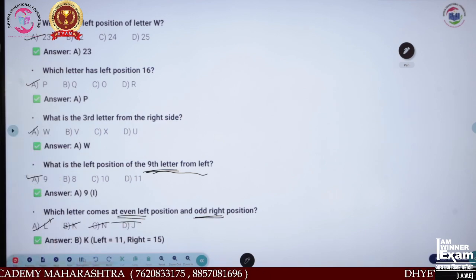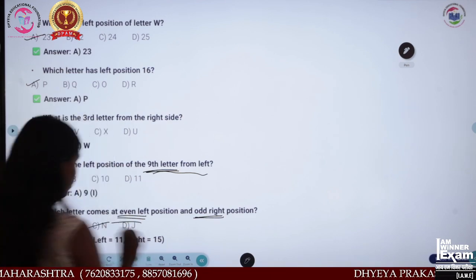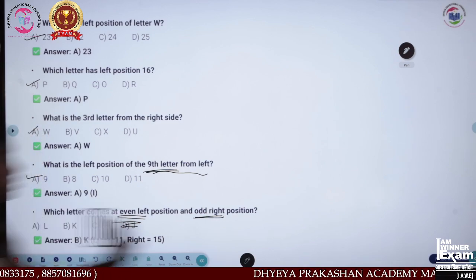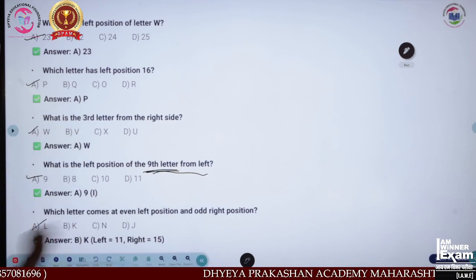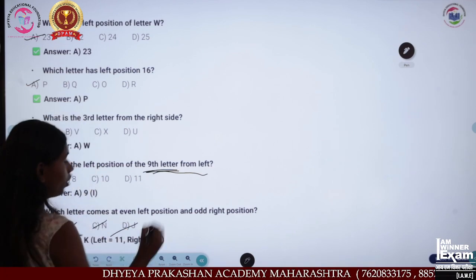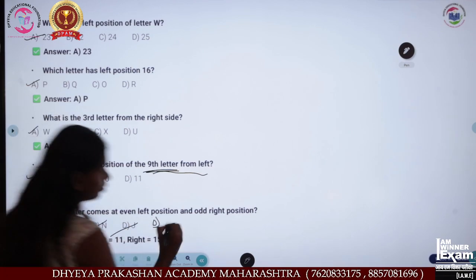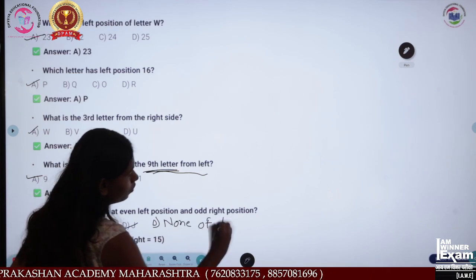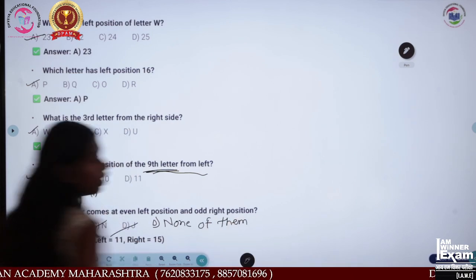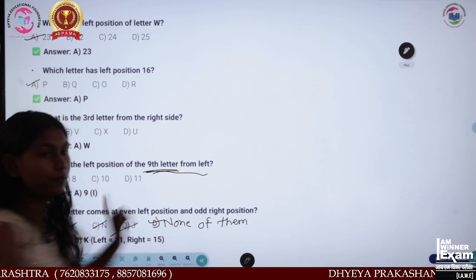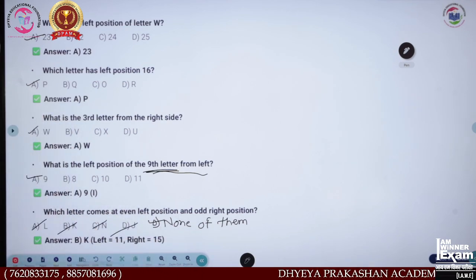If in the exam there is no correct answer given in the options, there is always an option that says none of them. So you have to take option D, which is none of them.